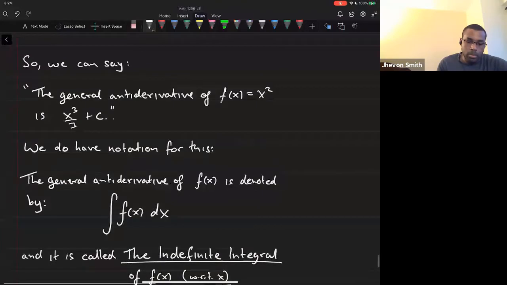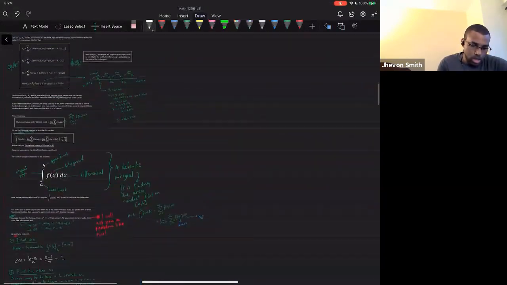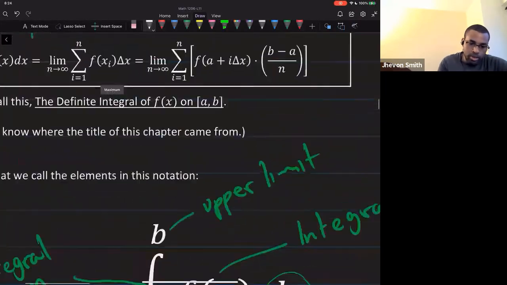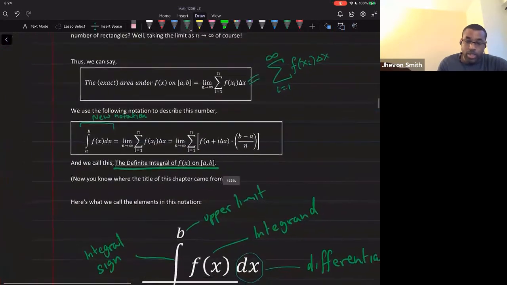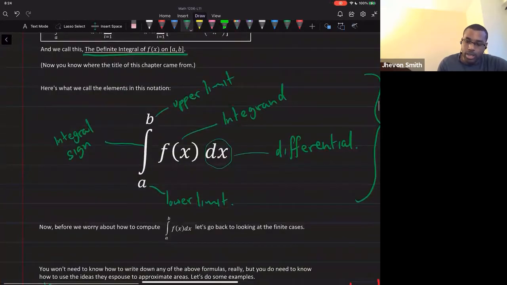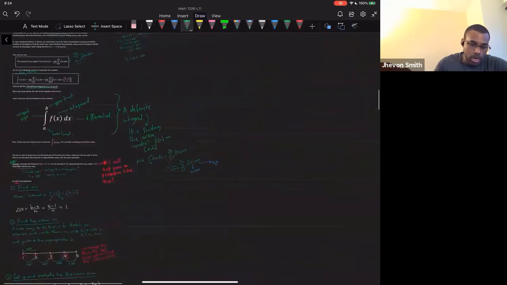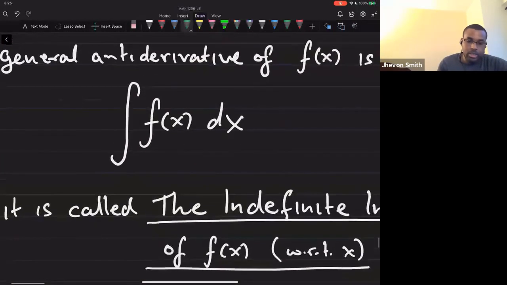As opposed to the guy that was up here that we called the definite integral. You can see it here. So you have a definite integral. That's when you put numbers on it. That guy represents the area under a curve on the interval AB. Without numbers on it, it's called the indefinite integral of f of x on AB, right?